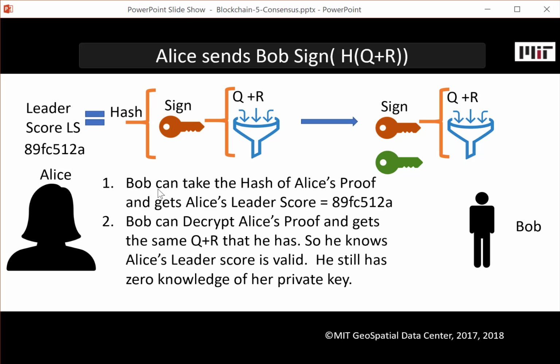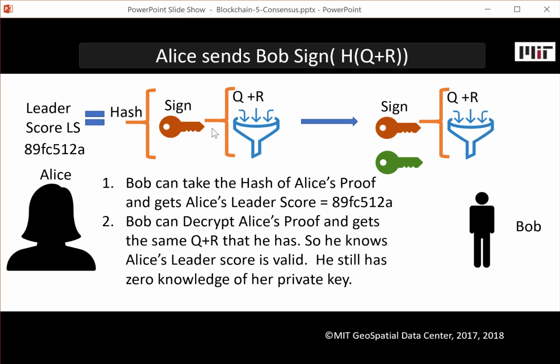Now, what happens is that to prove Alice's status as a leader, she's going to broadcast out, so send to Bob, for example, in this instance, the hash of Q plus R. And she's going to sign that with her private key.